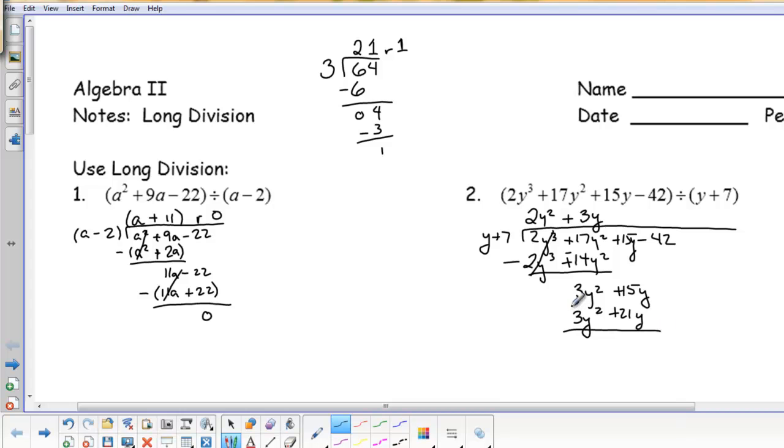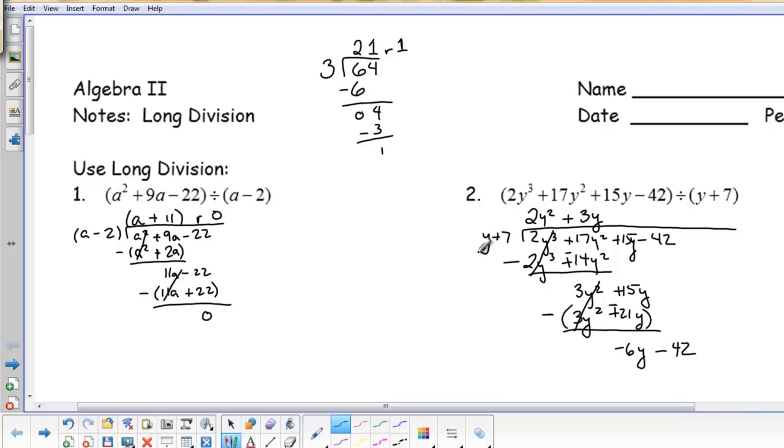Draw the line. Remember, you're subtracting this entire binomial, so remember to draw your parentheses if you don't like to change every sign. Either way, the check works out. That cancels. So now I have 15 minus, because I distributed the negative, 15 minus 21, which is negative 6y. Bring down the negative 42.